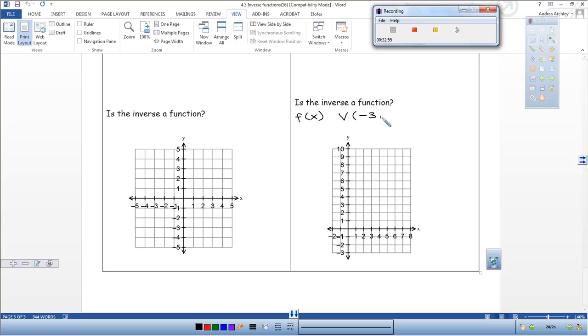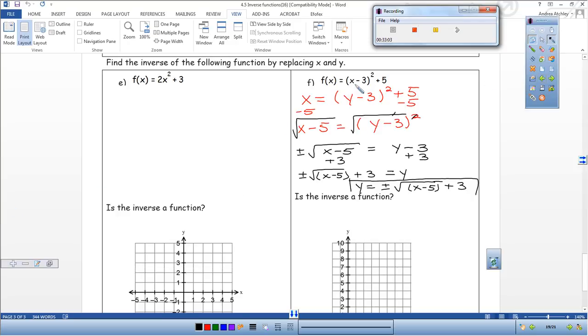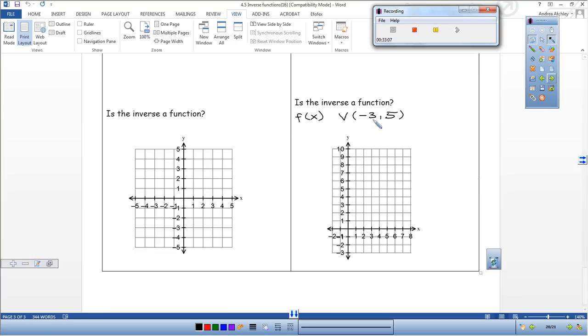Negative 3, 5. Okay, remember you switch the sign, yes? Is 3 negative or positive here? Oh yeah. Switch the sign here. This is a negative, so you have to switch that sign inside the parentheses. So it should be a positive 3 and 5. So your x is 3 and y is 5, which is right here.